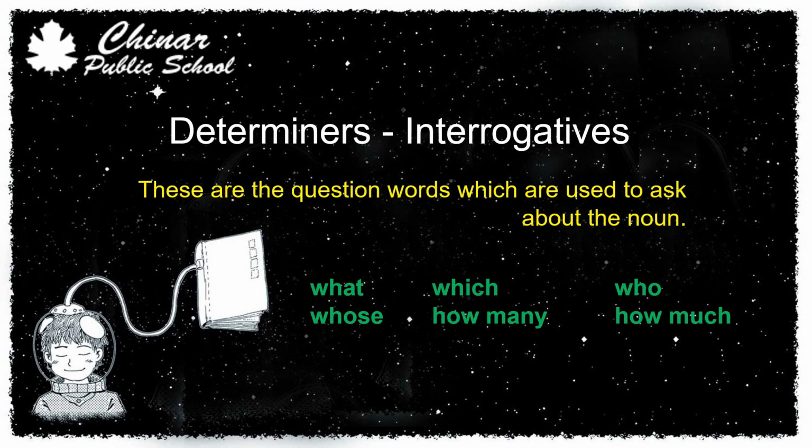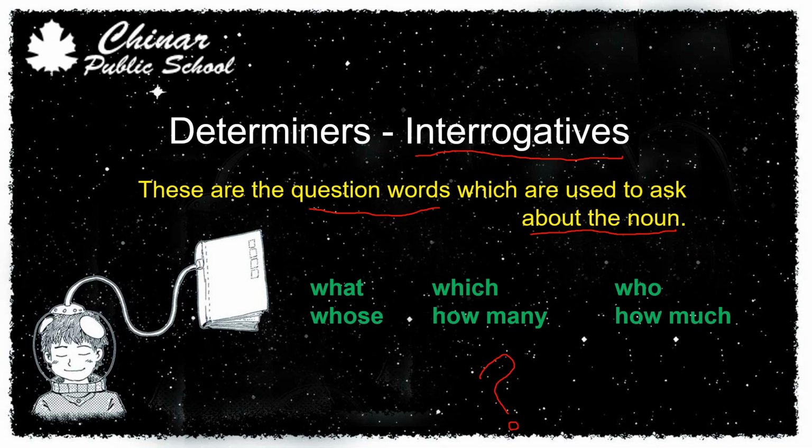Now, first of all, to remind you, please note down all what you are seeing on your screen. Now, continuing with our determiners, the last type of determiners is interrogatives. This is very easy. All the question words which are used to ask something related to the noun are called interrogatives, and since they are determining a noun, they are called determiners.